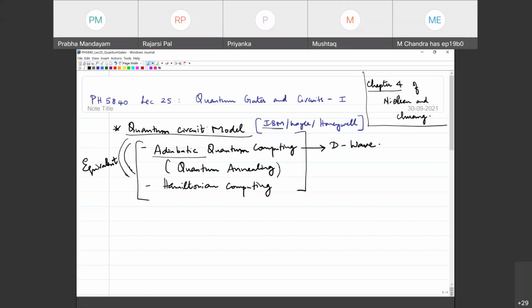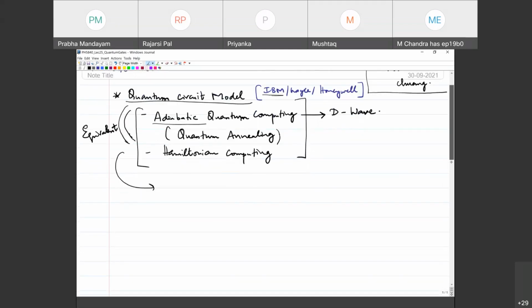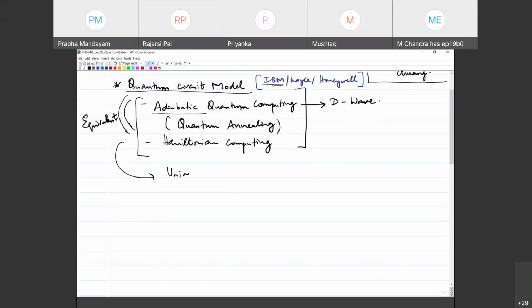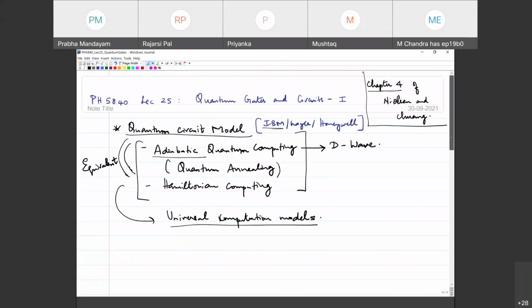And what is more, they are all universal models of computation. Which means that it is not as if they can solve some restricted class of problems. The idea is that any problem can be translated into or transcribed into one of these models, whether it is an adiabatic or quantum circuit model.